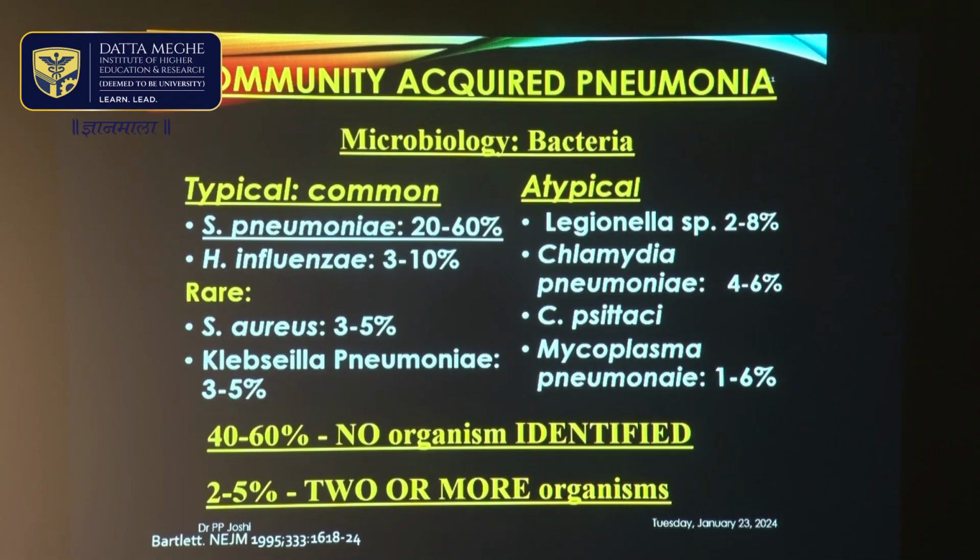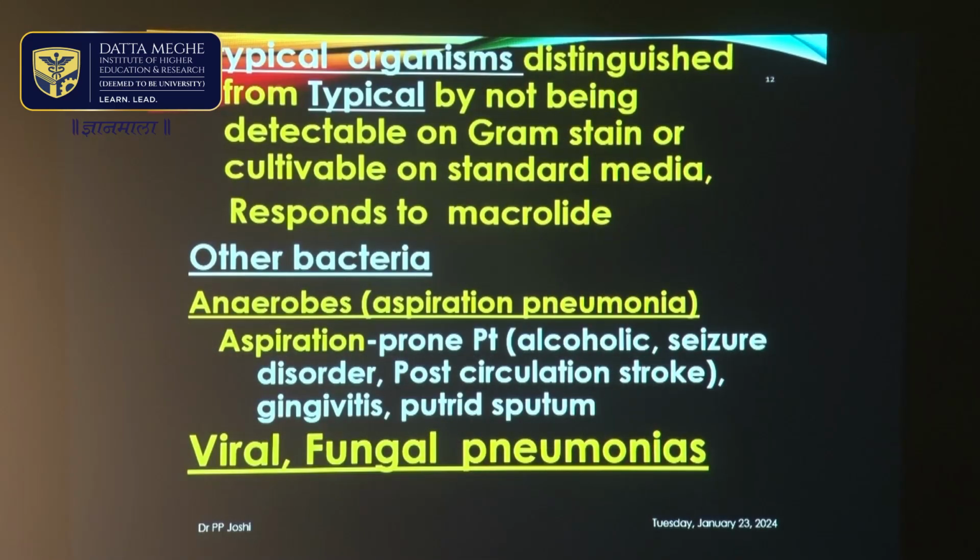It is also important to understand that in 40 to 60% of patients we are not able to identify the organism, and in about 5% of patients more than 2 organisms may be responsible for pneumonia.